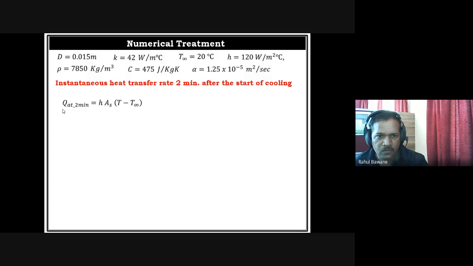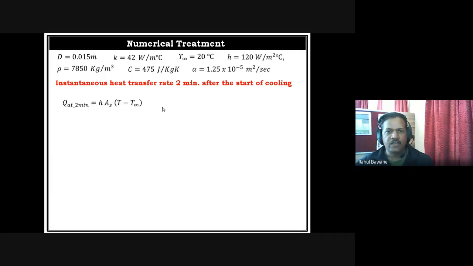Because in this whole expression there is no indication of time, and the question is to find out the rate of heat transfer exactly after 2 minutes. So we must have some place where we can put this 2 minutes, and in the current mathematical expression there is no time phrase. So we will replace this.